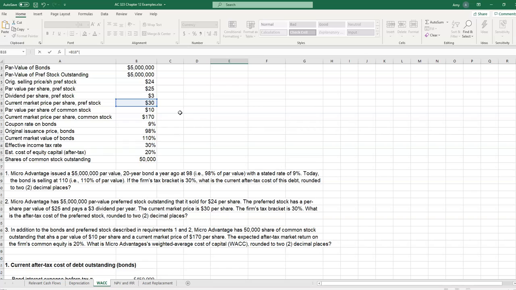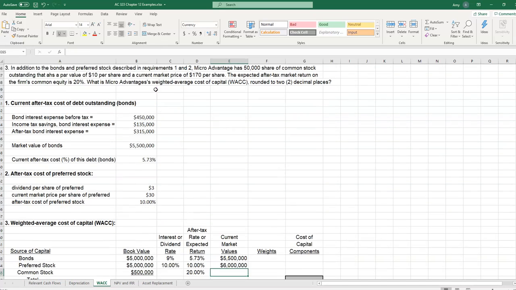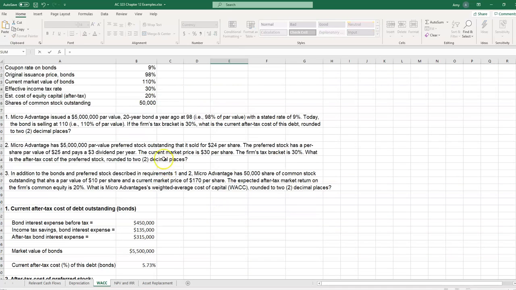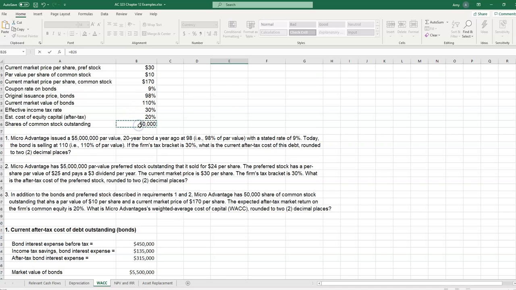So we're going to take the par value of our preferred stock divided by our par value per share. So we have a $6 million current market value. And the current market value of our common stock is our 50,000 outstanding shares times the current market price.